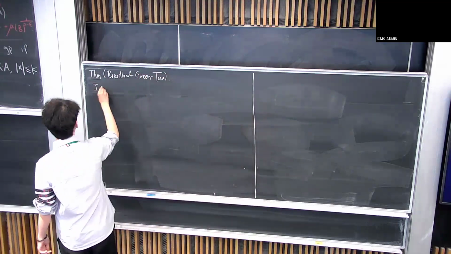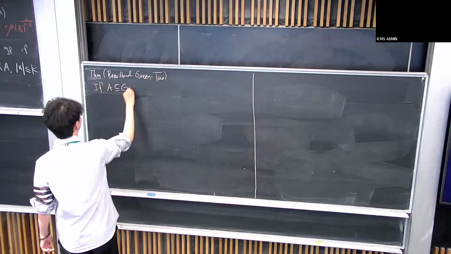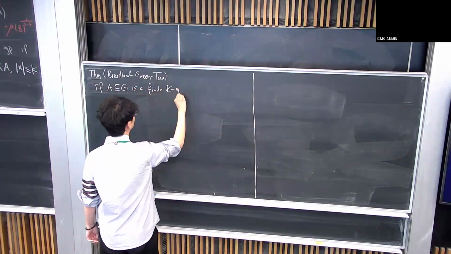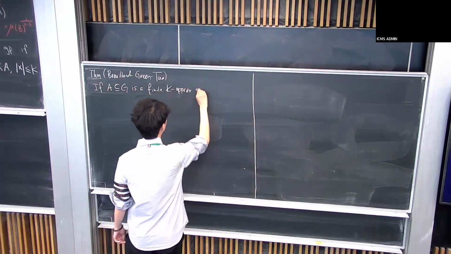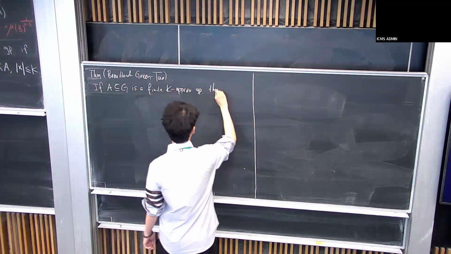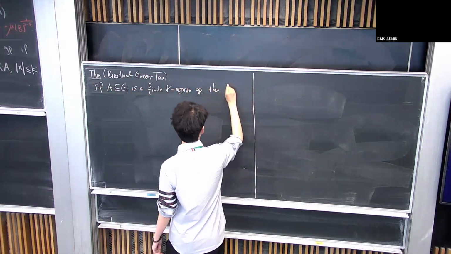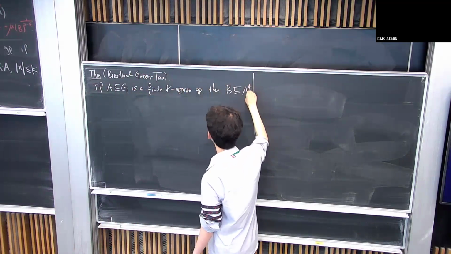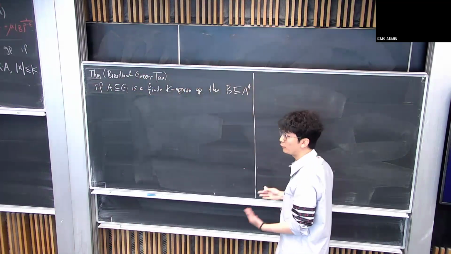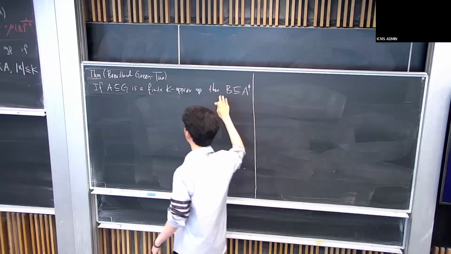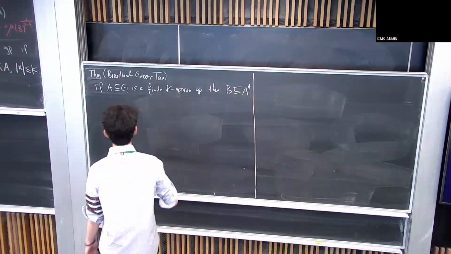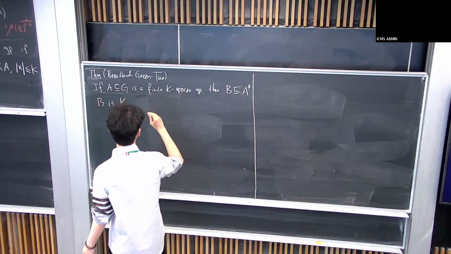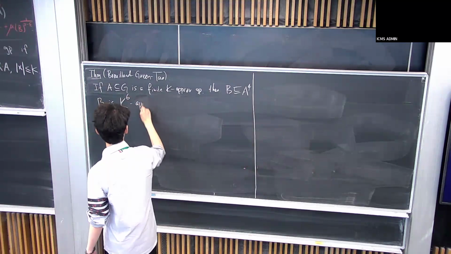So let's say A is a finite K-approximate group. Then you can find another set B, which is inside A to the fourth. If you believe A is an approximate group, then A to the fourth is already about the same size as A. So B is small, with size bounded in terms of K; I believe the bound should be for a K-approximate group.